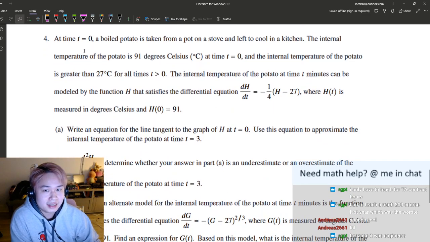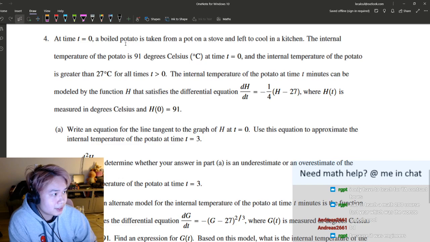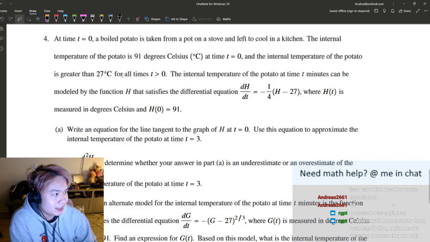Anyways, okay, let's see. At a time t0, sure, we have a boiled potato. The internal temperature is 91 at the start. And then it's always going to be greater than 27. Is that room temperature? 27? I guess. Alright, so let's see. The internal temperature can be modeled by this function.